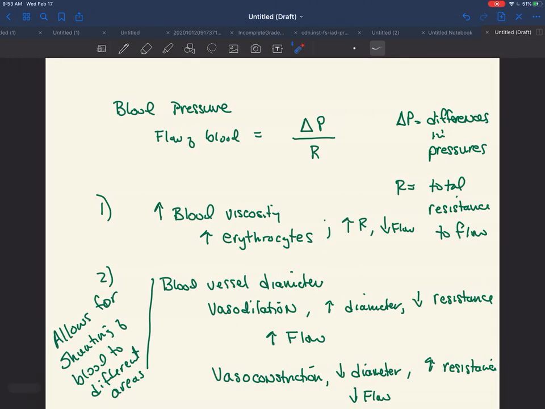When we look at blood pressure, we can talk about the ability of the blood to flow through the blood vessels. This flow of blood is always from a higher to a lower pressure, hence the difference in pressures.